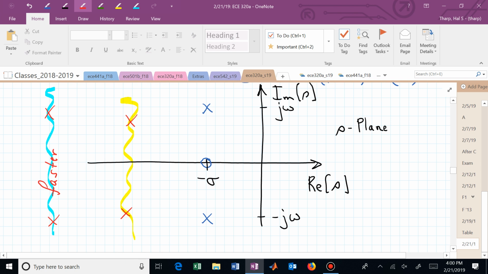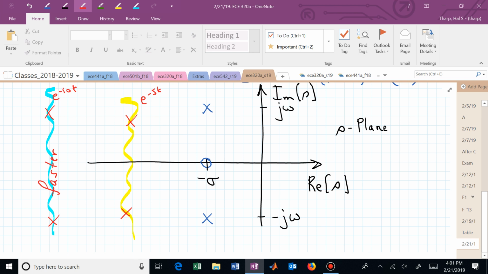The blue is actually faster. Why is that? If you don't quite get it, let's make this e to the minus 10t, and let's make this e to the minus 5t. Which one becomes smaller quicker? This is now out at minus 10, the blue. This one's at minus 5 for the yellow.